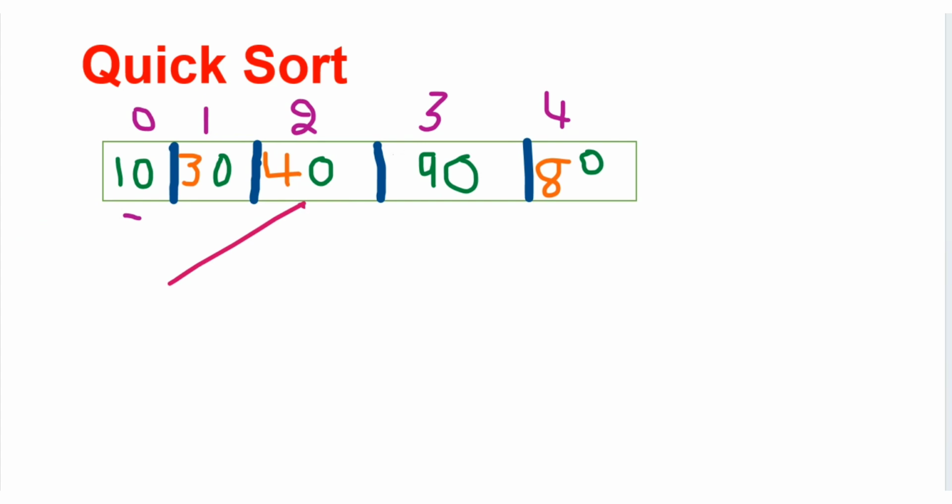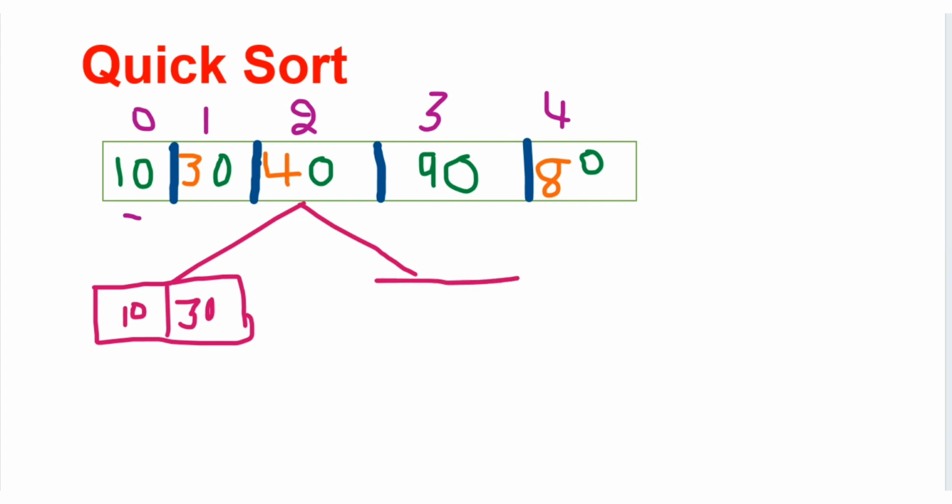Next, what we need to do is divide into two sublists. The pivot partitions the list into two sublists: the left sublist, 10 and 30, and the right sublist.